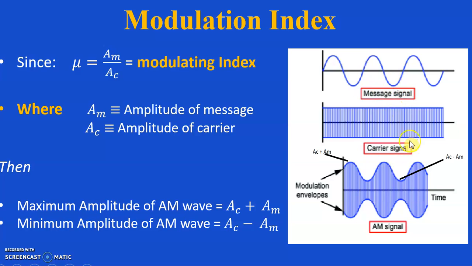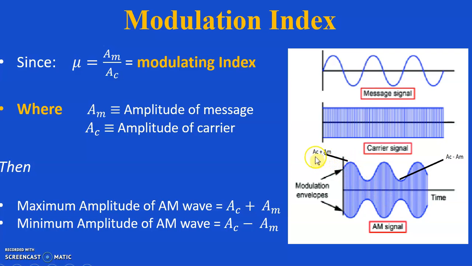So from this figure at the right hand side, we have the message signal, which has a single frequency, and we have a carrier signal which has a high frequency compared to the message signal, and here the resultant amplitude modulated signal.